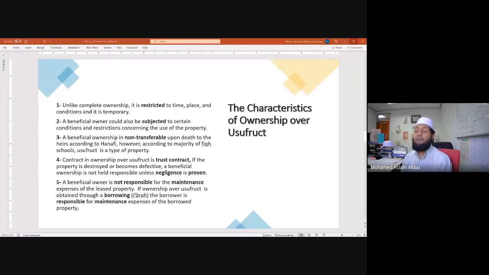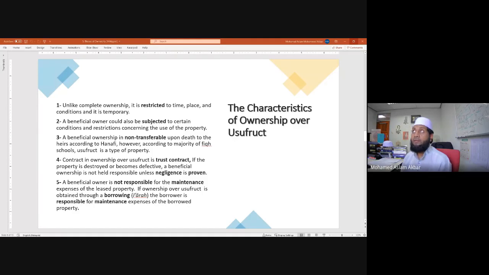All right. Okay. Number 4, it is a trust contract. Remember, the beneficial ownership is a trust contract. So if something happens, for example the property is destroyed, or there is a problem in that property, who is responsible? Definitely the tenant is not responsible for it.